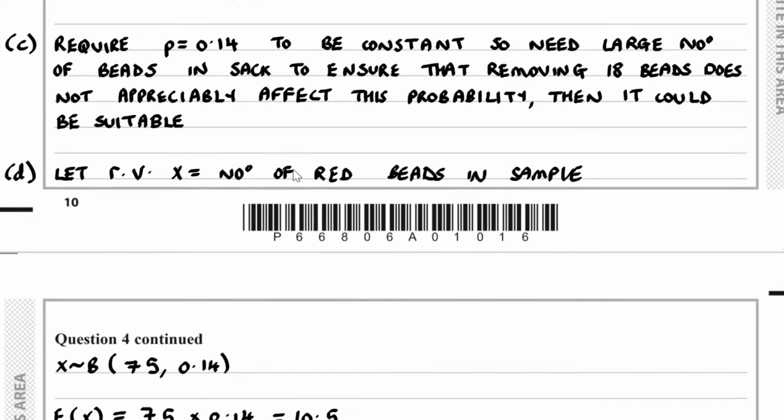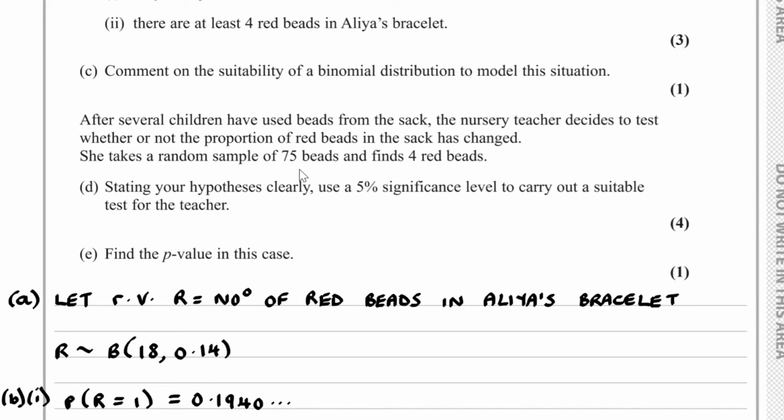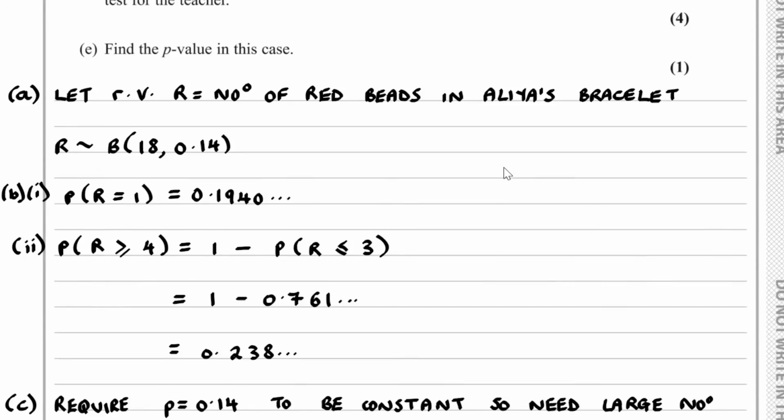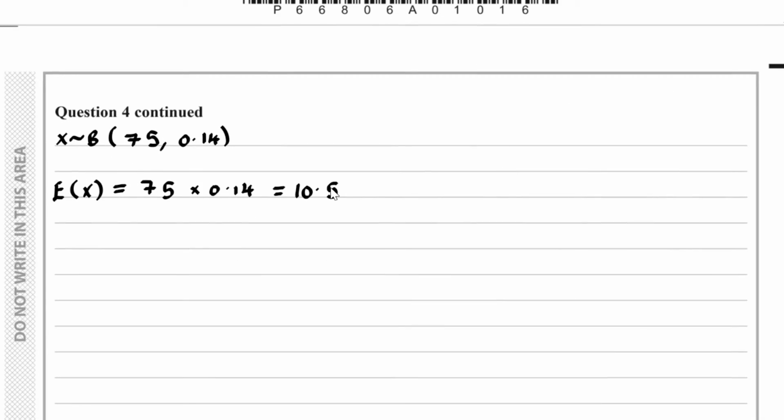So what do we want to check over here? We want to see if the proportion of red beads in the sack has changed. So the proportion is of course talking about P. So if I let my null hypothesis H0 have P equals 0.14, then our alternative hypothesis H1, we would have P does not equal 0.14.